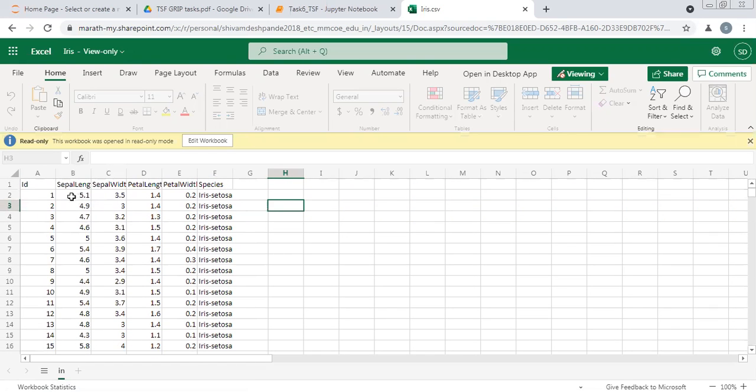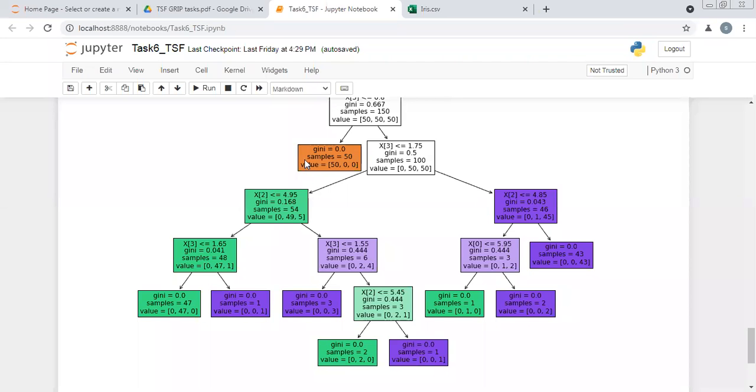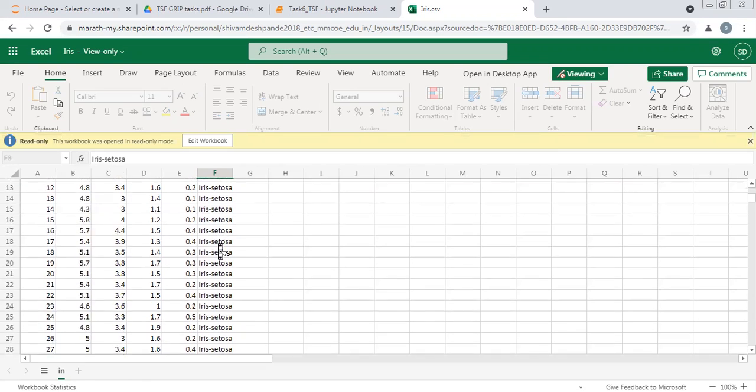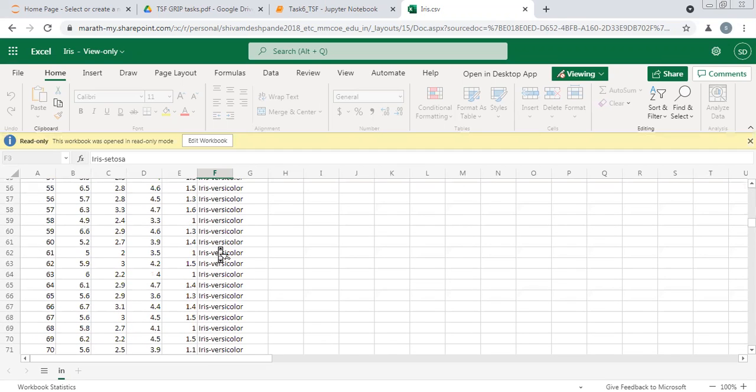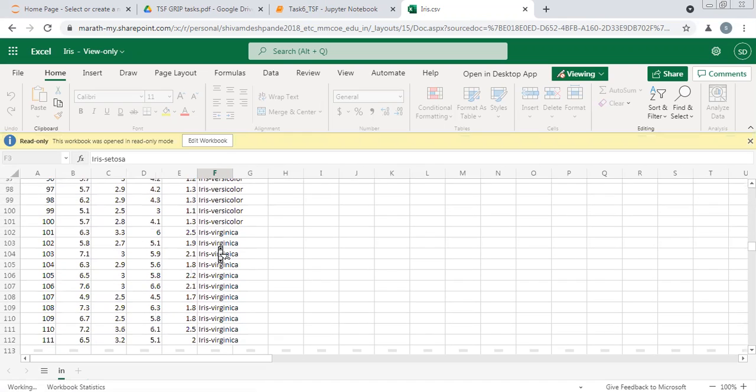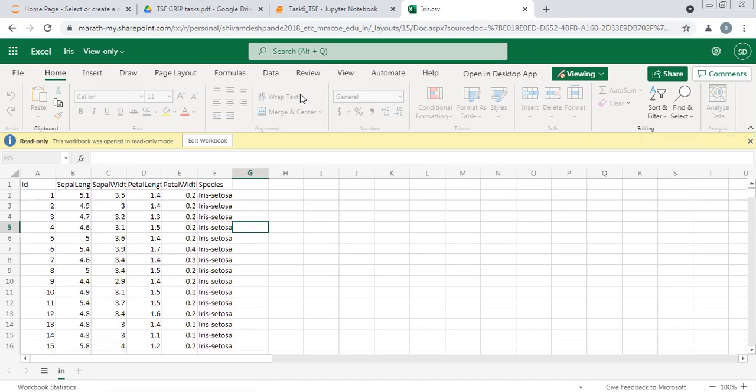Our task here is to provide this data set to all the nodes, and ultimately predict one of the species in the predictor variable. There are three different species: Setosa, Versicolor, and Virginica. These are the different species present in the species column.